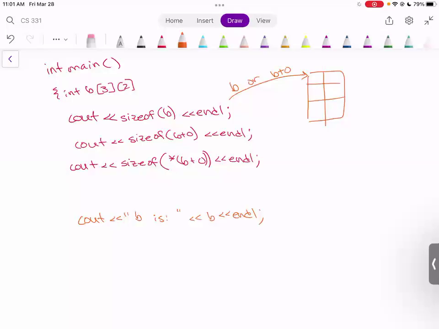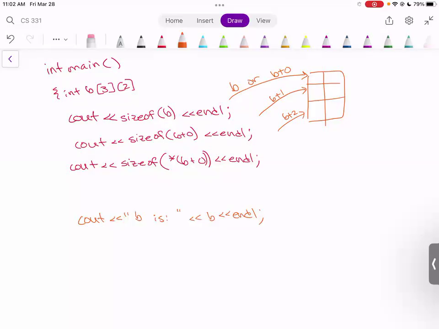Does that make sense? Good. Then the second row, we refer to it as B plus 1. And then this one is B plus 2. Good. So far, so good.